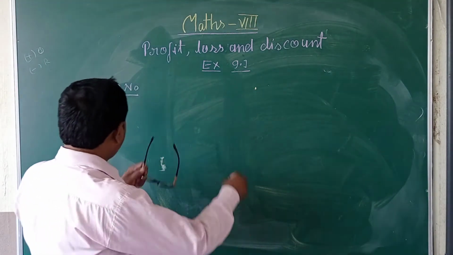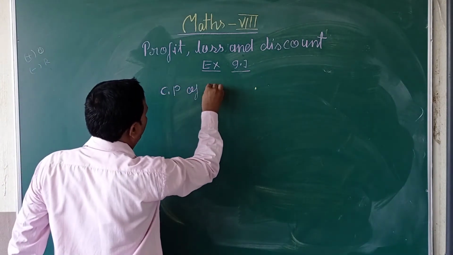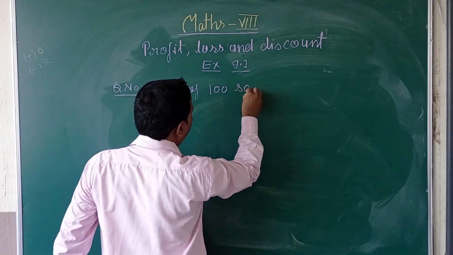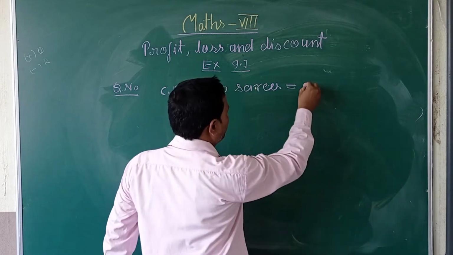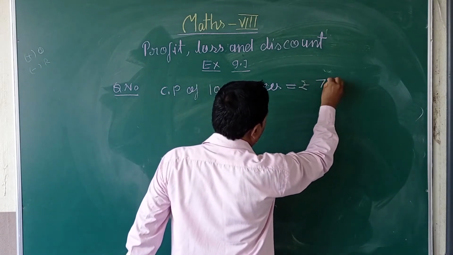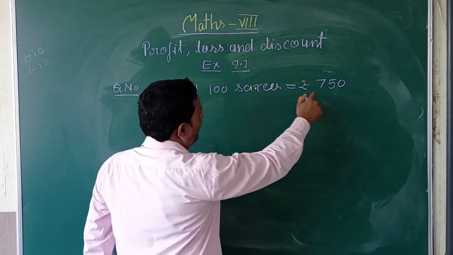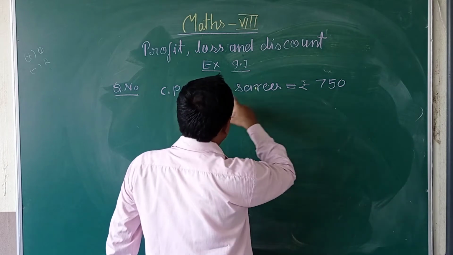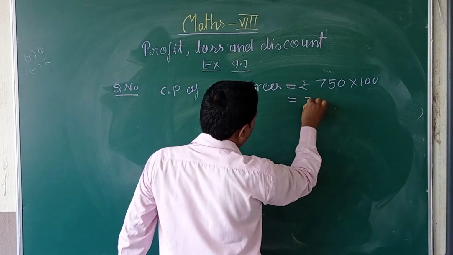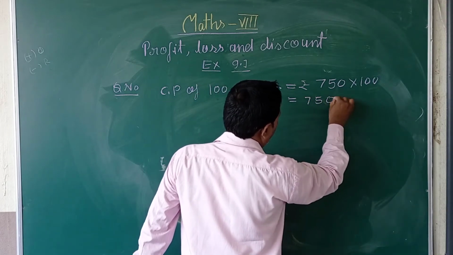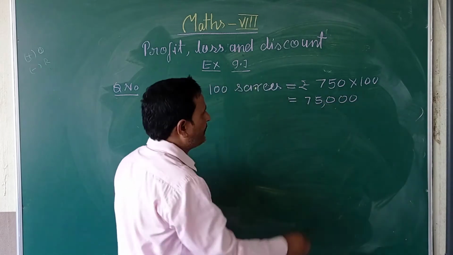See, first step: the CP of 100 saris is given as 750 each, meaning each sari costs 750, then 100 saris means 750 into 100, which means 75,000 rupees.